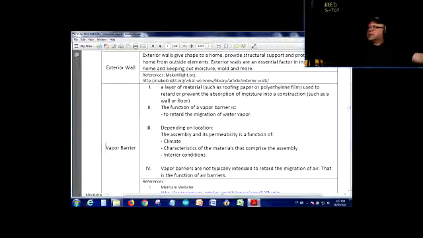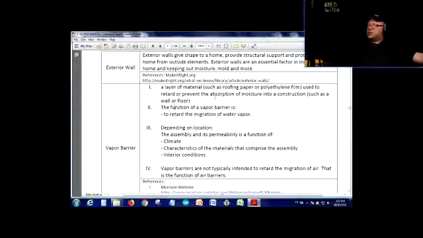Now let's talk about the vapor barrier. It's a layer of material such as roofing paper or polyethylene film used to retard or prevent the absorption of moisture into a construction such as a wall or floor. So it's supposed to retard the absorption of moisture, which means that the wall is supposed to be breathable, not completely sealed, because if you completely seal it, some moisture is still going to get through and it's going to be trapped.